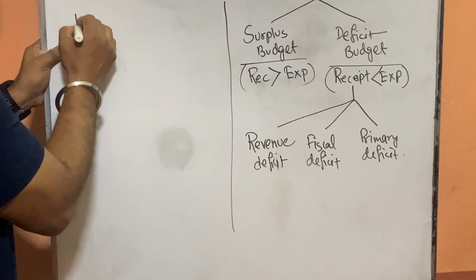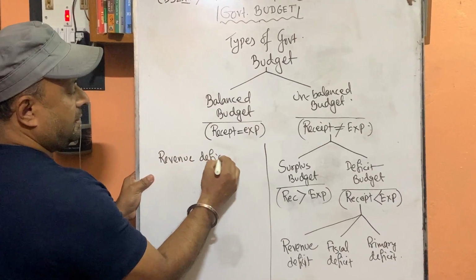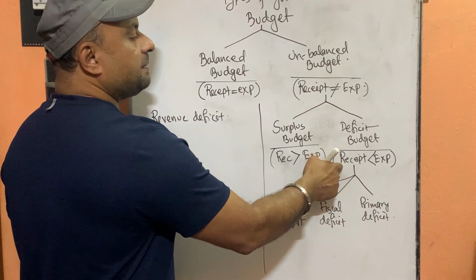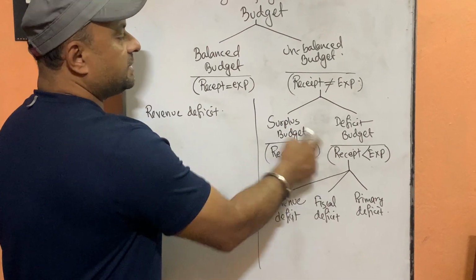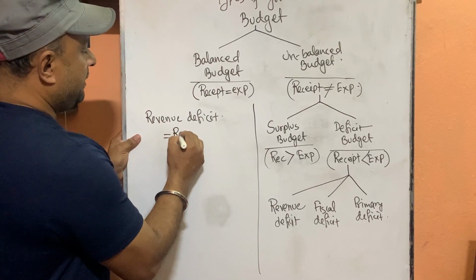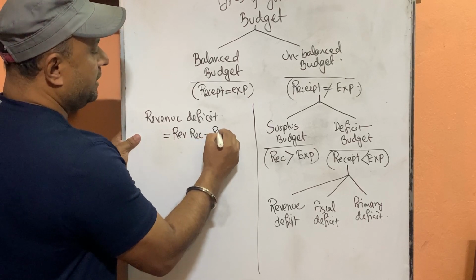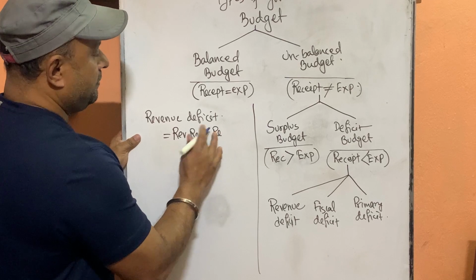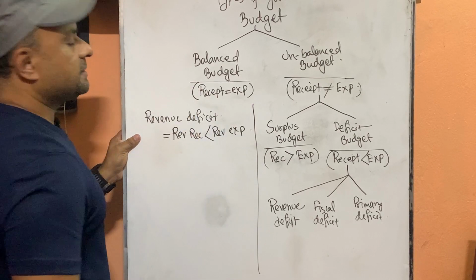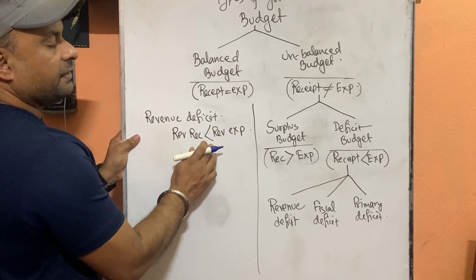Okay. Now, revenue deficit. Deficit means receipt is always less than expenditure. Now, revenue deficit means when government revenue receipt is less than its revenue expenditure.